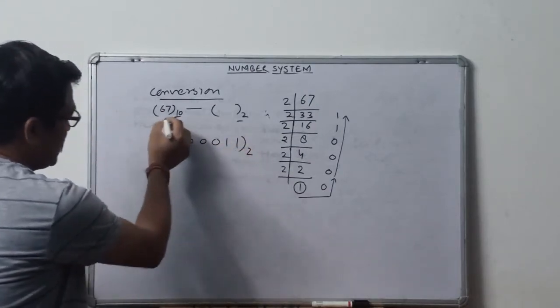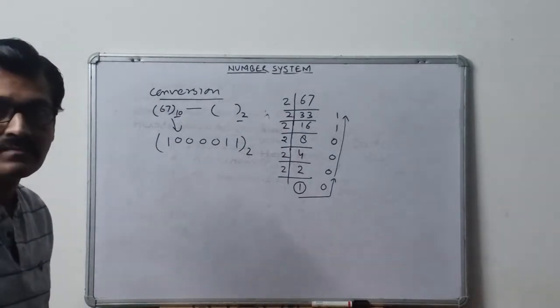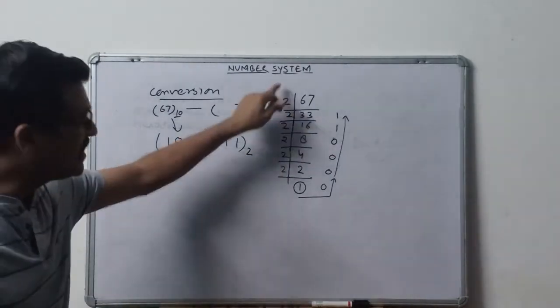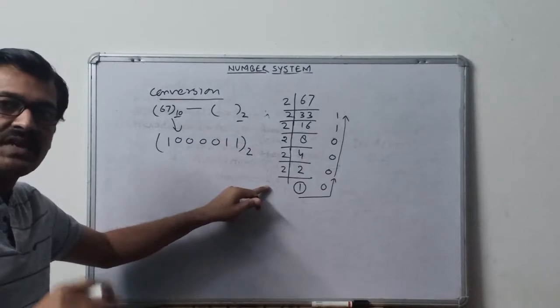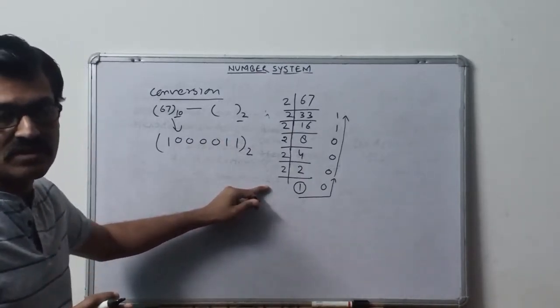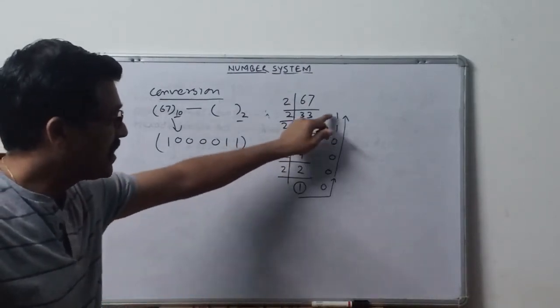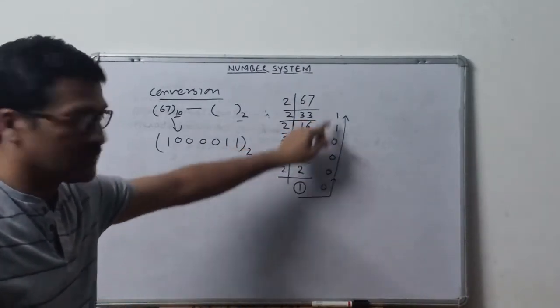This is 67 into binary. My dear students, by this method, we can convert any of the decimal number into its binary equivalent. But you have to keep remember about the remainders.